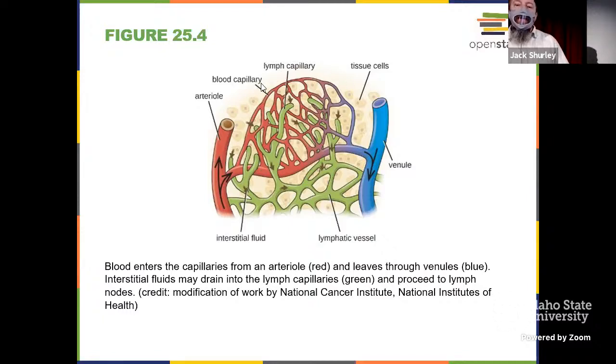As the fluid, the plasma within the blood, is cycling through, there are potentials where fluid moves out and becomes part of this interstitial fluid. It's not plasma really at this point, but it is components of that which have migrated out. There are other things, immune cells, white blood cells, all sorts of different possibilities that potentially have moved out, and they can come back into these channels.